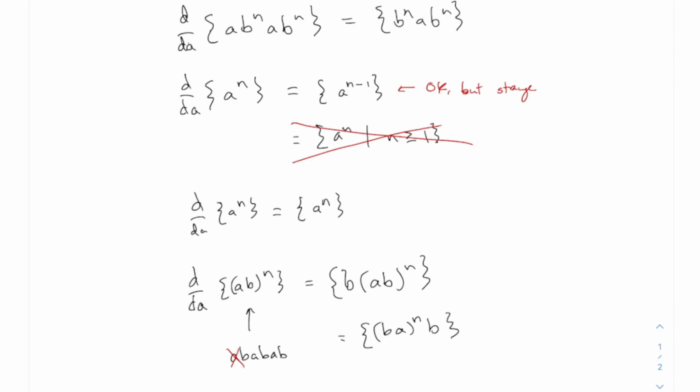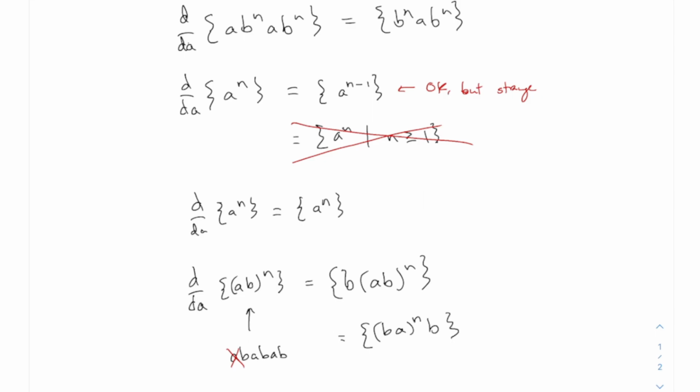Although for some reason the first one seems clearer to me, those are equal to each other as sets, so both are correct. It's just a bunch of alternating B's and A's where there's an extra B. You can say the extra B is at the beginning, or you can say the extra B is at the end.